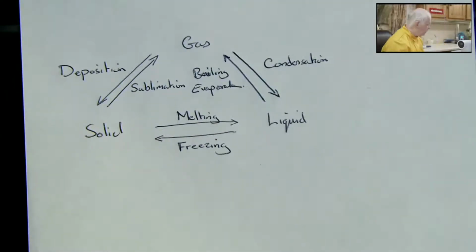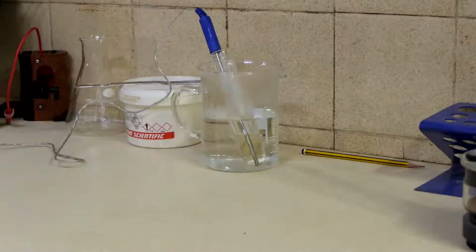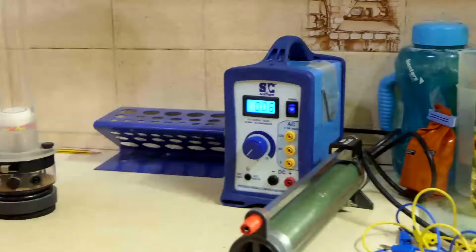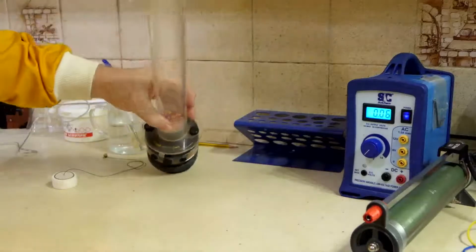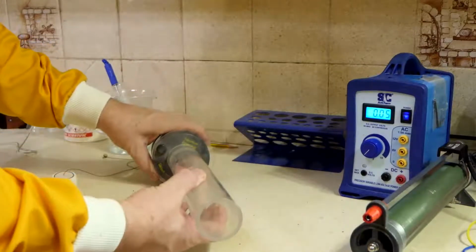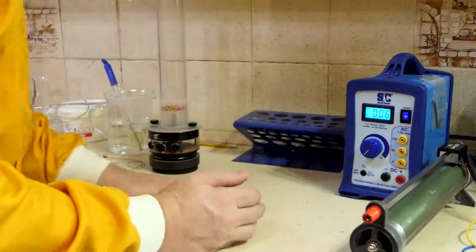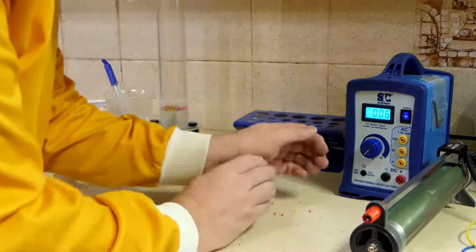Let's have a look and see this. Now, I've also got here another set. Can you operate the camera for a minute? And in this tube, I've got lots of little beads, some of which have escaped already.